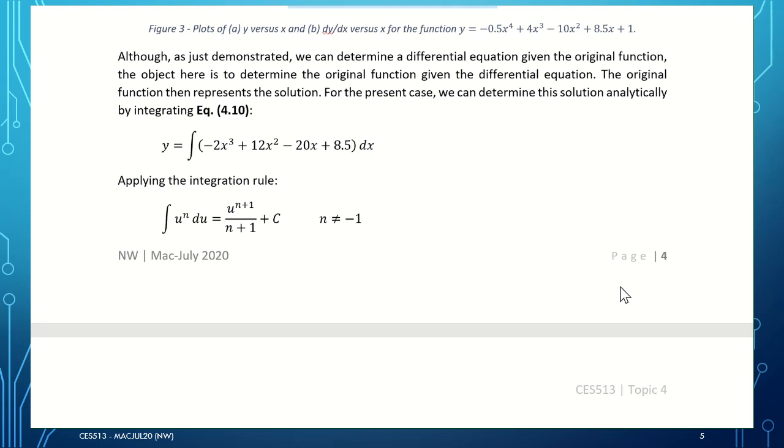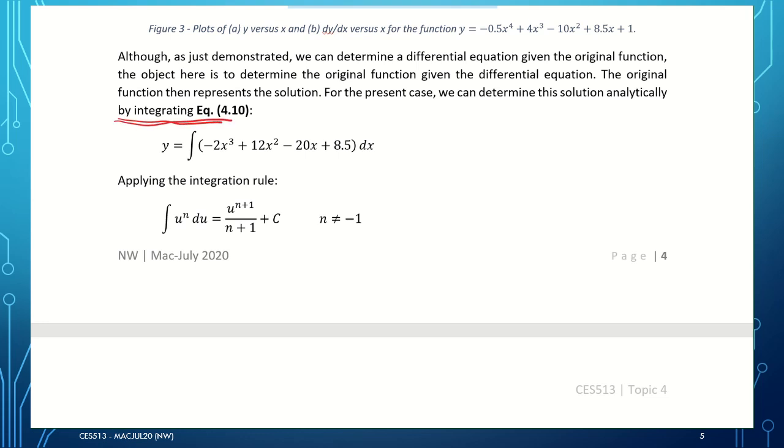So our main objective in the ordinary differential equation problem is to determine an original function when the differential equation is given. All right. So from previous, we have the dy/dx function, or the ordinary differential equation. To gain its original form, we can integrate that equation.